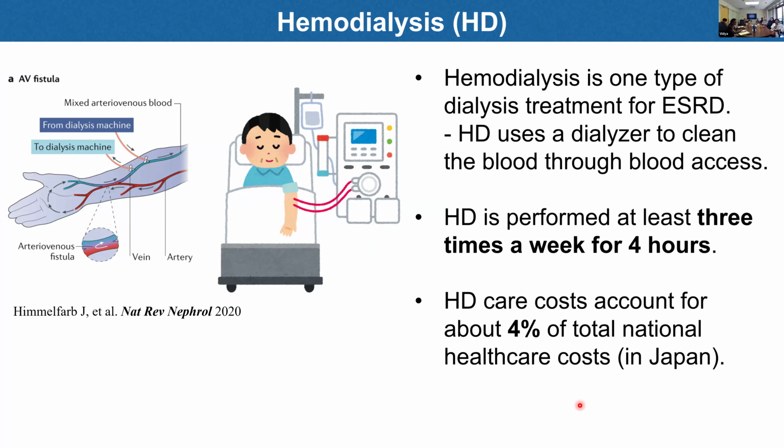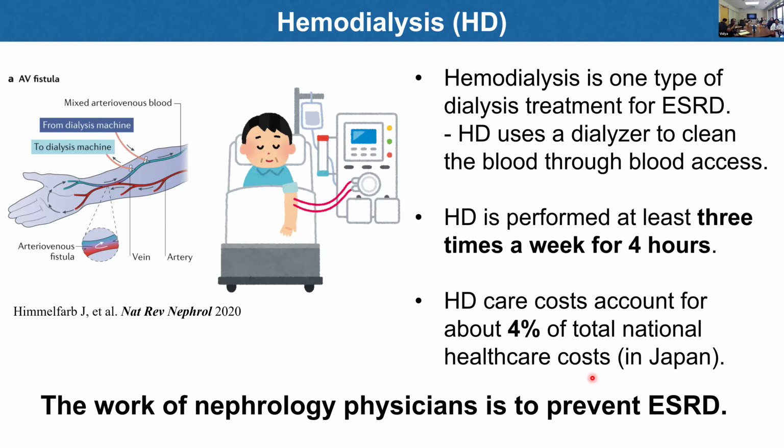In addition, HD care cost accounts for about 4% of the total national health care. This is Japan data. That causes a huge financial burden to the nation. So I think it's fair to say that the work of the nephrology physician is to prevent end-stage renal disease before patients become HD patients.